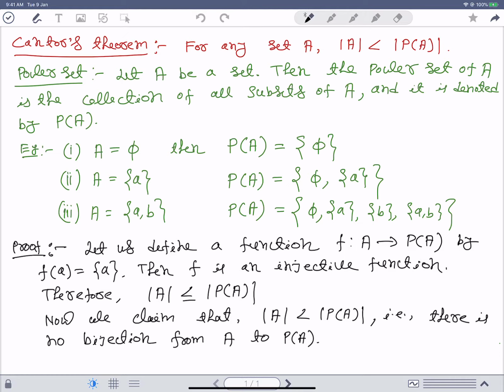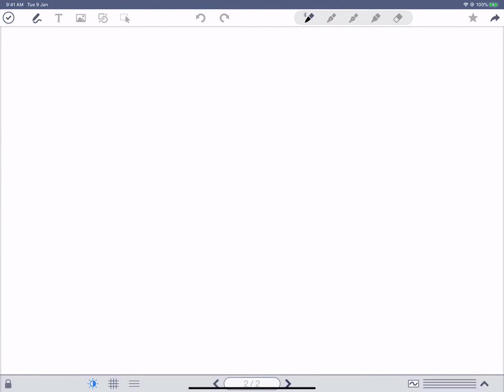So first we will assume that there is a bijection and we will get a contradiction. So let, if possible, h from A to P(A) be a bijective function.